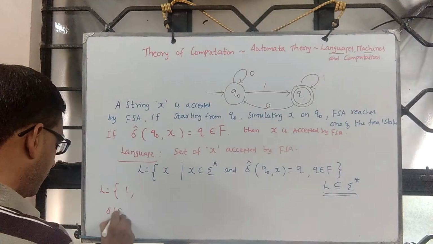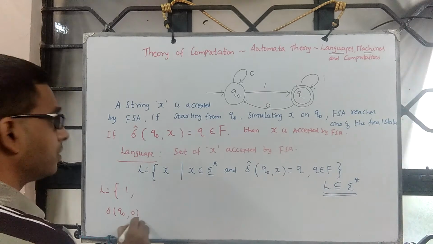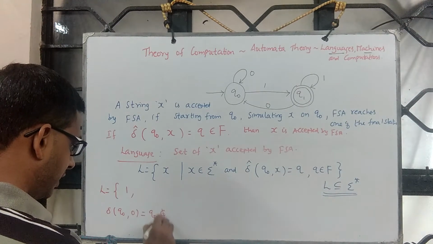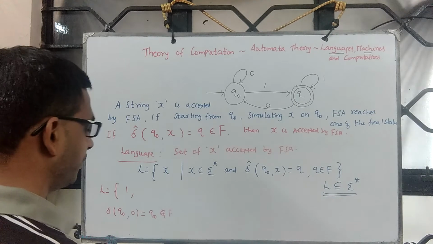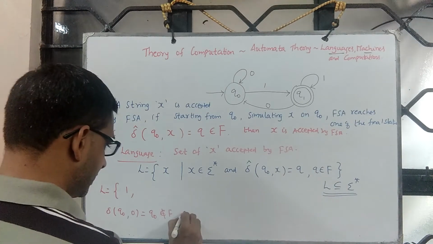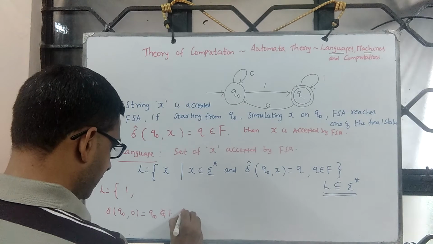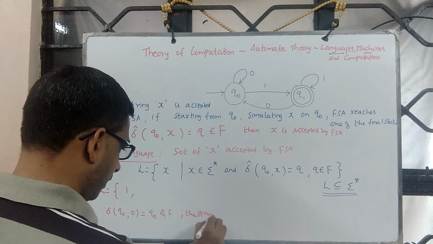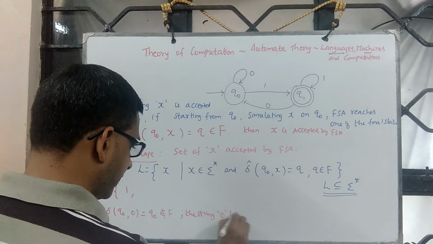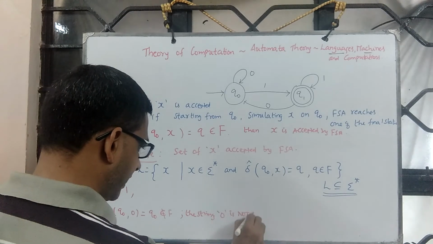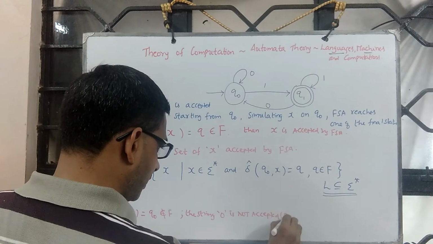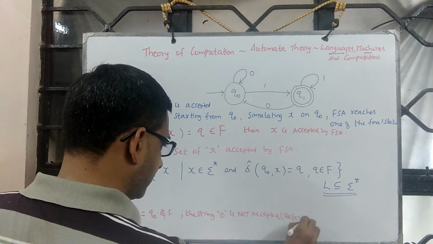Delta of q naught comma 0 is q naught, and q naught does not belong to F, which means the string 0 is not accepted, or it is rejected by this machine.